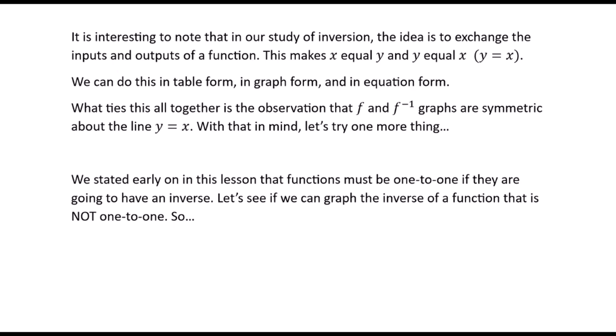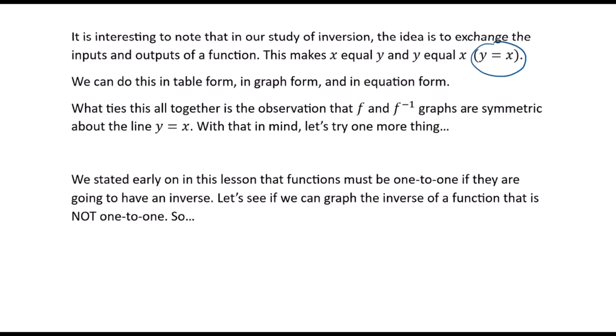It's interesting to note that in our study of inversion, the idea is to exchange the inputs and outputs of a function. This makes x equal y and y equal x. We can do this in table form, graph form, and equation form. Now what ties this all together is the observation that f and f inverse graphs are symmetric about the line y equals x.